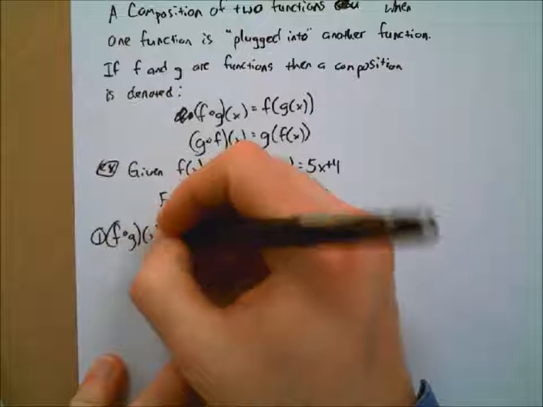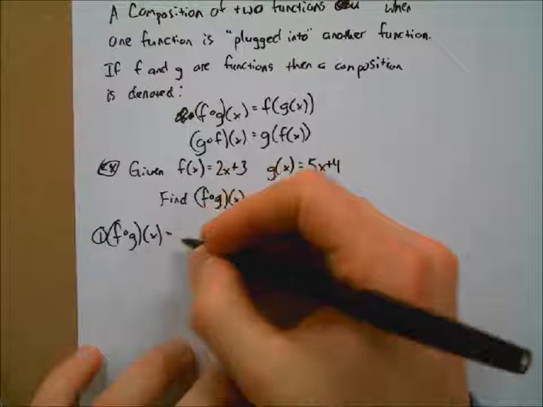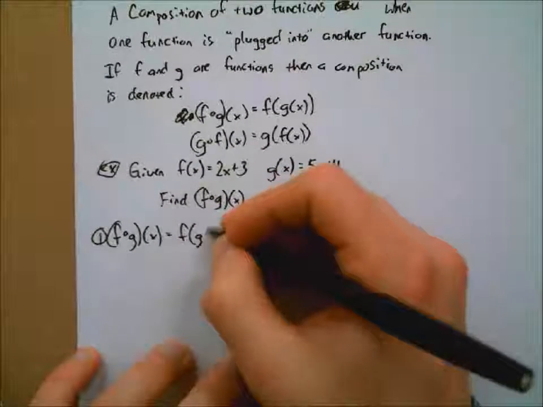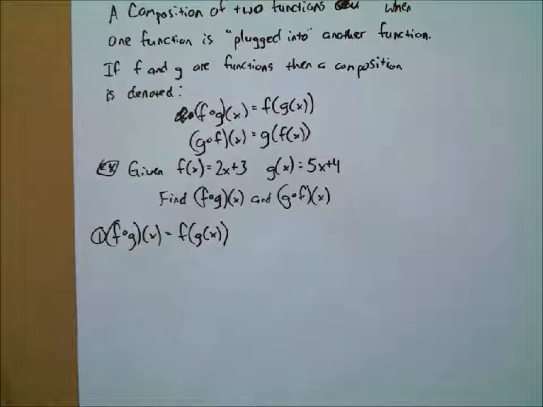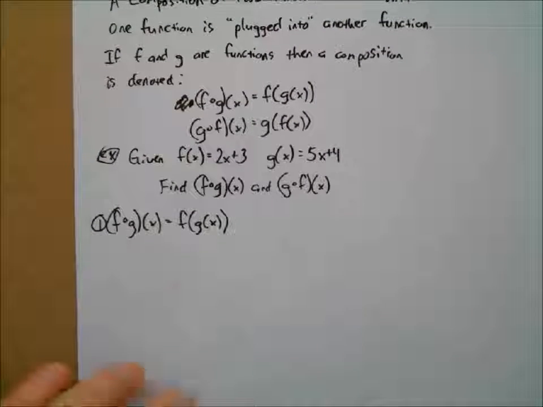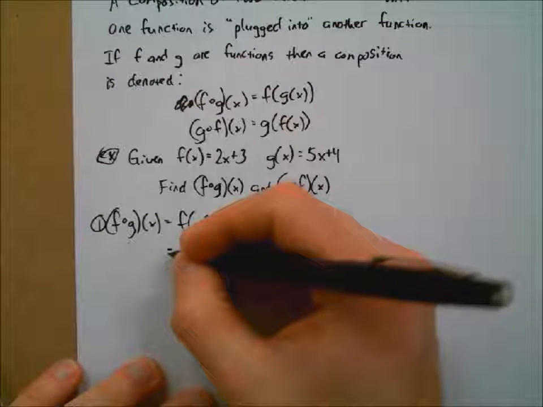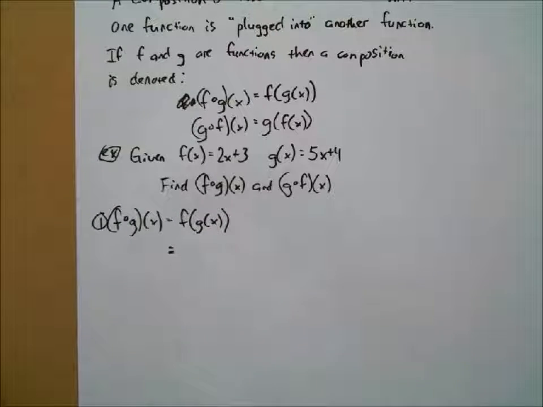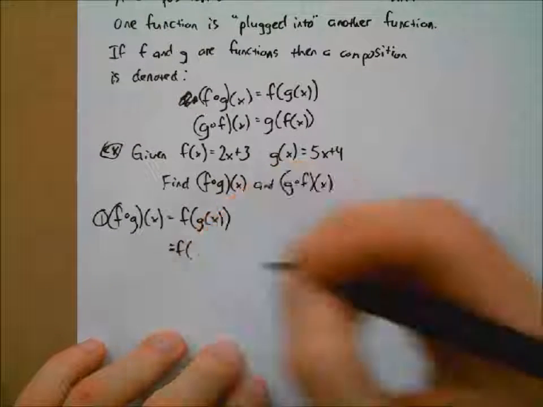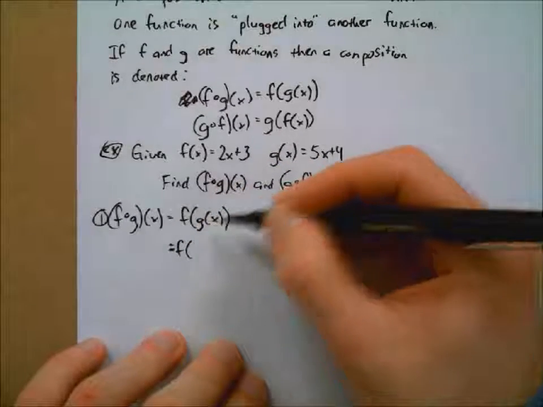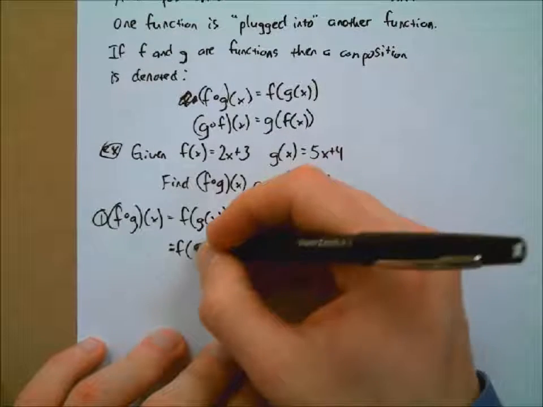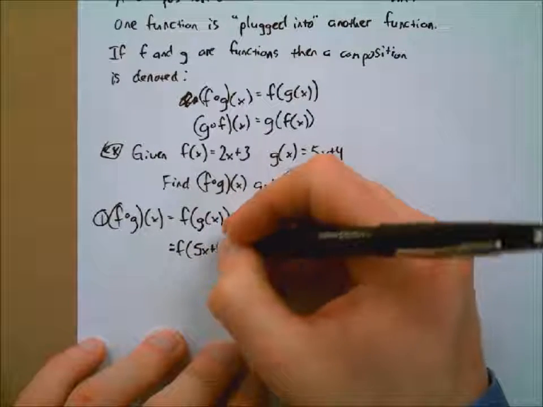All right, let's do f of g of x, which means we're going to substitute g of x into f, right? g gets plugged into f. Depending on how comfortable you feel with this, you can take more or fewer steps. I'm going to take it step by step for this very first one. So g of x, we know, is precisely 5x plus 4. So I'm going to replace g of x inside of f with 5x plus 4.